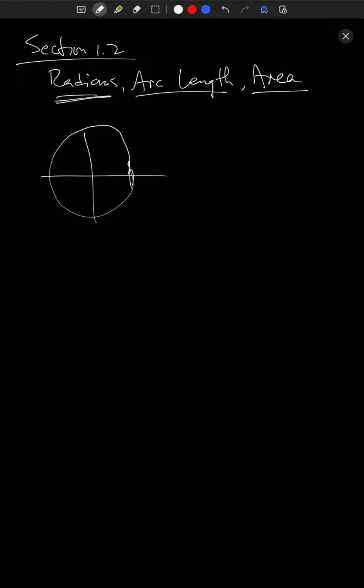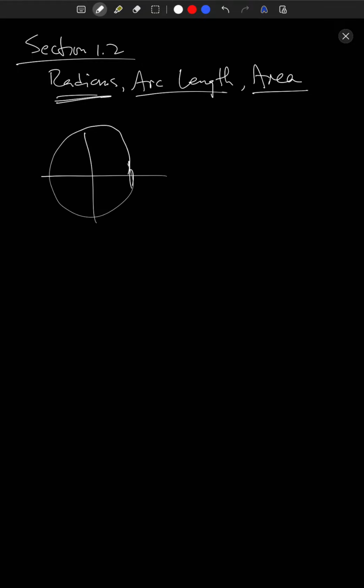So 360 is very divisible, so if you're working with a lot of angles and a lot of people who perhaps aren't comfortable with fractions, then maybe degrees is okay, just for that practical reason. The thing is, though, like I said, it's not scientific. It's not mathematical.